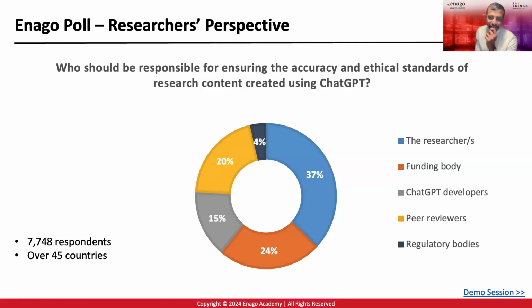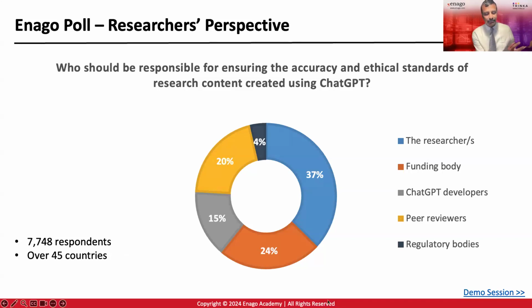And we were very surprised to find that the vast majority, 37% of the ownership, the researchers thought that responsibility lies with them alone, and 24% with the funding bodies, 20% with the peer reviewers, and ChatGPT or OpenAI only had 15%. And this is from a total of approximately 8,000 responses.